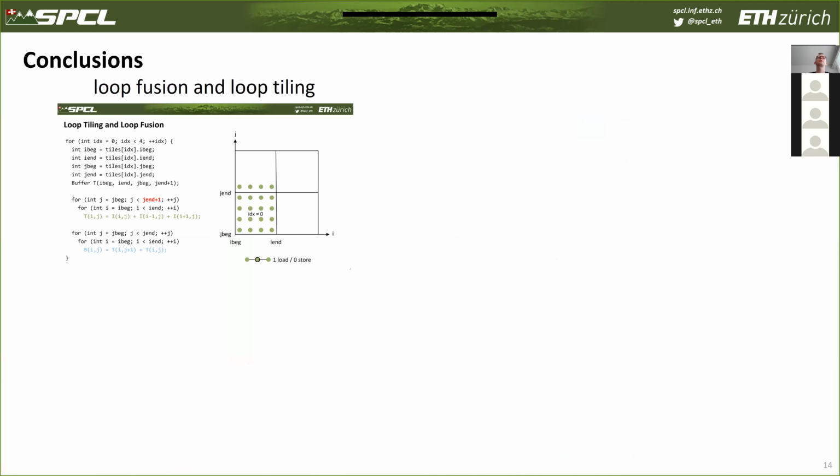So I showed you that for stencil programs, the main optimizations you do on multi-core architectures are loop fusion and loop tiling. And if you have longer stencil programs, the search space is exponential. So doing it by hand is difficult, and having some sort of automatic tuning is definitely a plus.